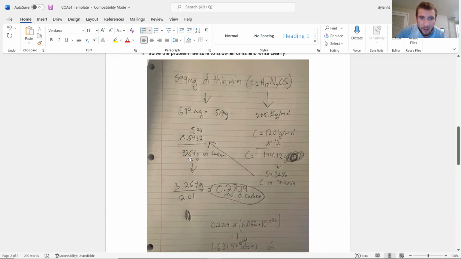So from there, that gives me 3.254 grams of carbon. And what I've done from there is I divide that by carbon's molar mass, just to see how many moles there are of carbon in that nearly 6 grams of thiamine. So 3.254 grams divided by 12.01, it's going to give me 0.2709 moles of carbon.